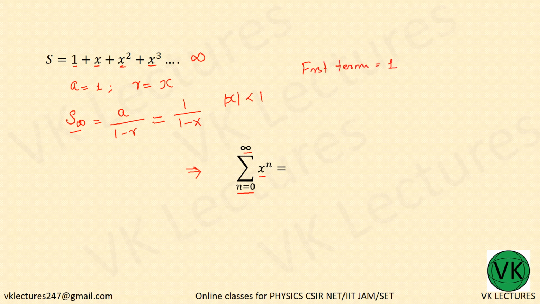So this is the same as our series. So sum over n equal to 0 to infinity x to the power n equals 1 divided by 1 minus x. Please remember this. This is a very important formula. This we would be using in EMT as well as statistical mechanics.